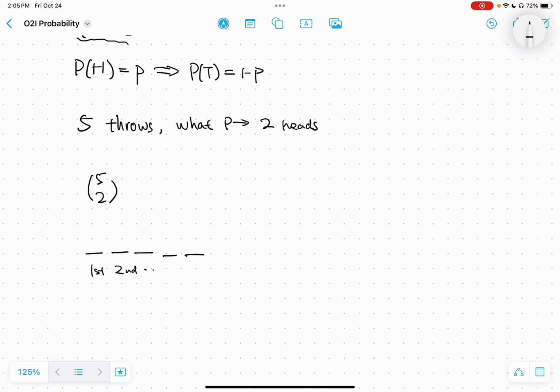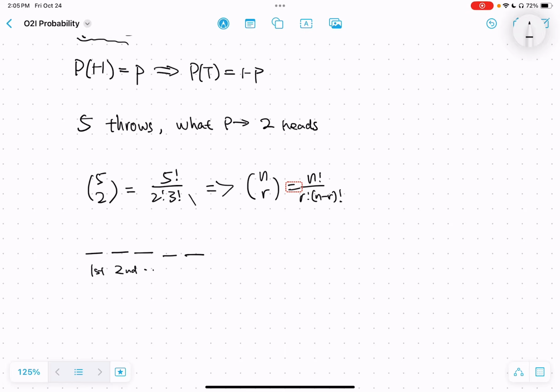So this equals 5 factorial over 2 factorial times 3 factorial, reminding that n choose r equals n factorial over r factorial times (n minus r) factorial.